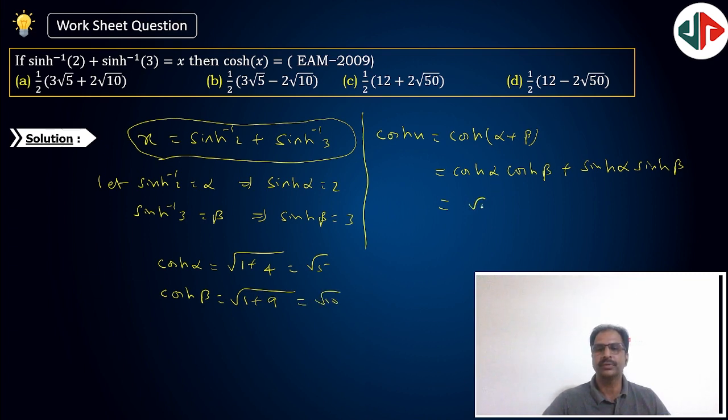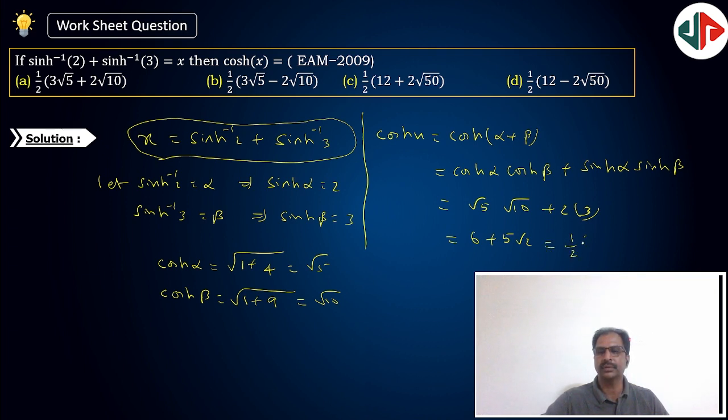So this is root 5 into root 10 plus 2 into 3. So this is 6 plus root 50, that is 6 plus 5 root 2, which is equivalent to option C.